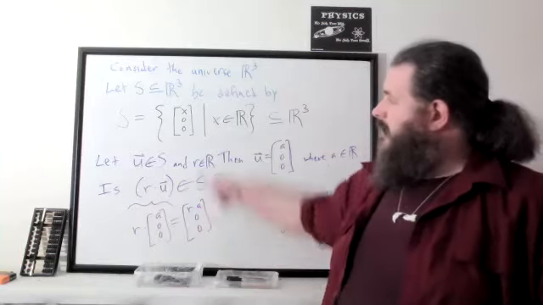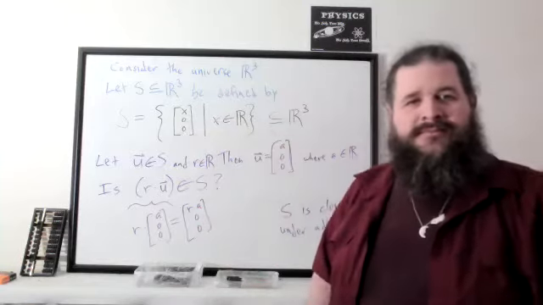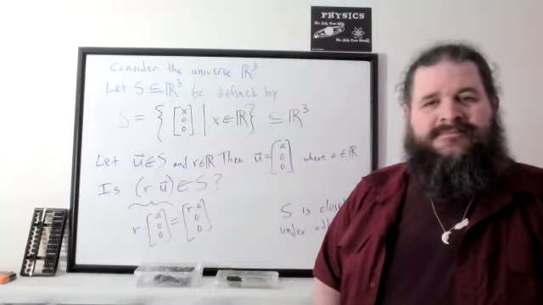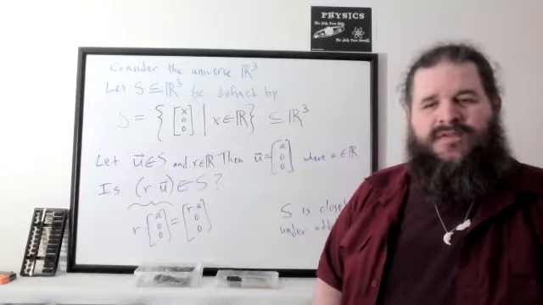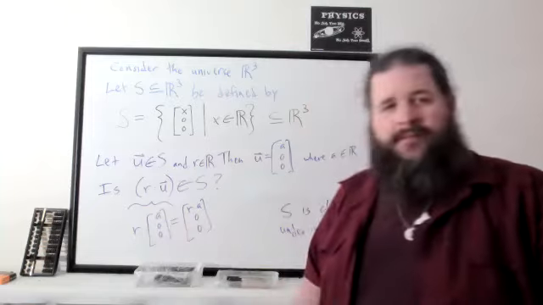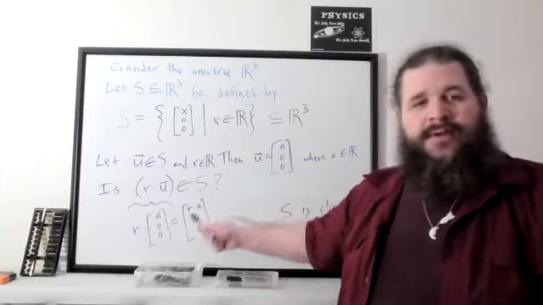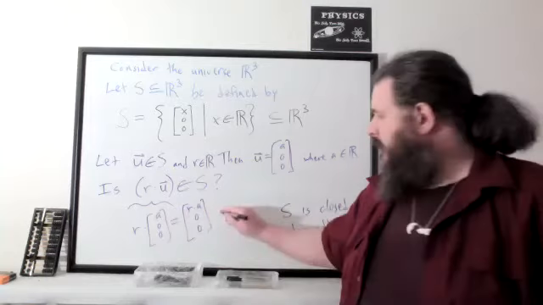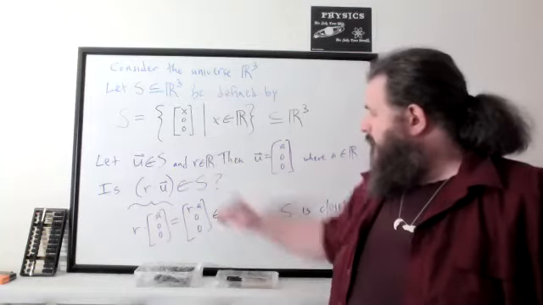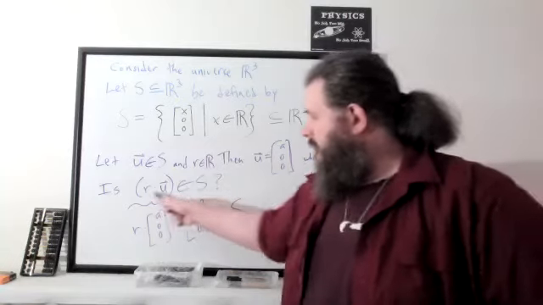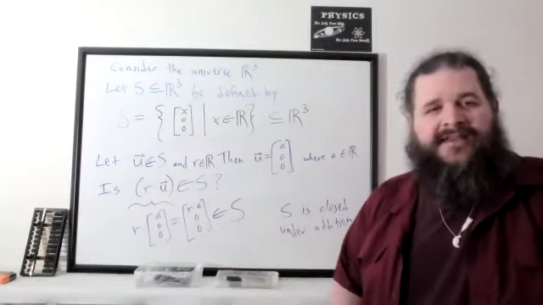Does that fit the format of a real number, 0, 0? Yeah, R and A are both real numbers by our original assumption. So R times A, a real number times a real number, is guaranteed to also be a real number. So yes, this fits the format. So R times vector U is also a member of set S.